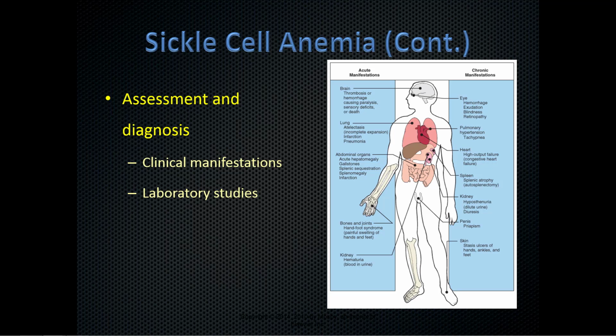Typically, an elevated white blood cell count occurs following a crisis. Other tests might include an indirect bilirubin level, which will be elevated following hemolysis. The haptoglobin level will be low or absent because it cannot be replaced quickly enough after severe hemolysis.